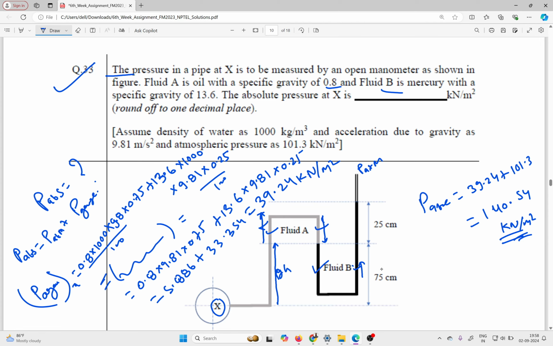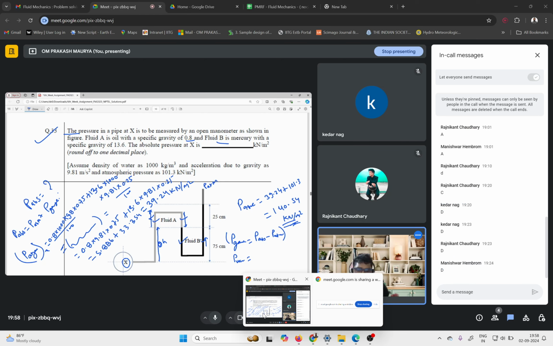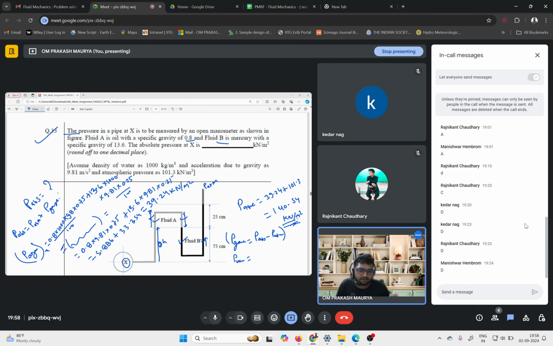So P absolute, sometimes the question will come. Here you can easily calculate P gauge: P absolute minus P atmospheric. Sometimes vacuum pressure. Let me ask you, what is vacuum pressure? Anyone can write in the chat box, because I have discussed it a lot earlier.